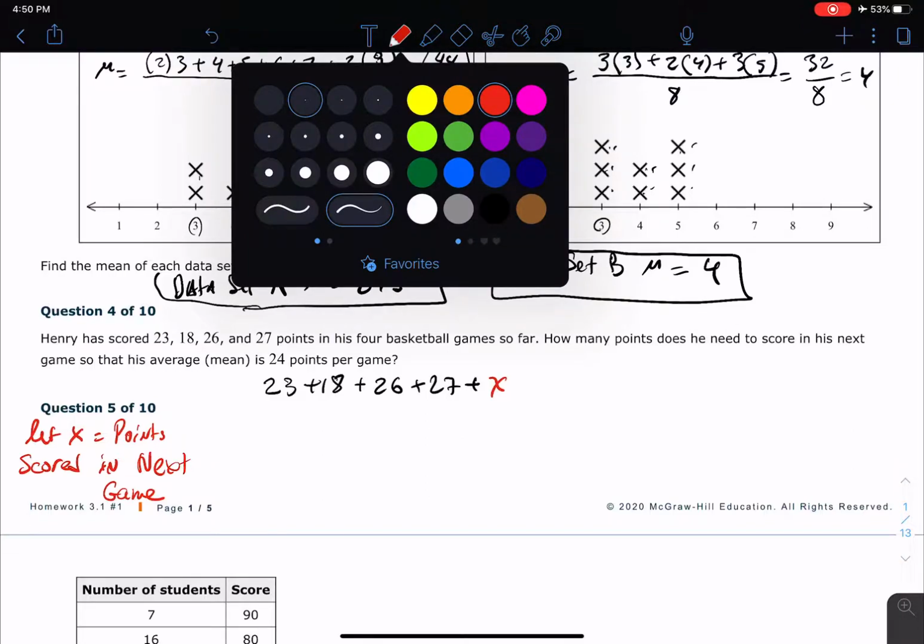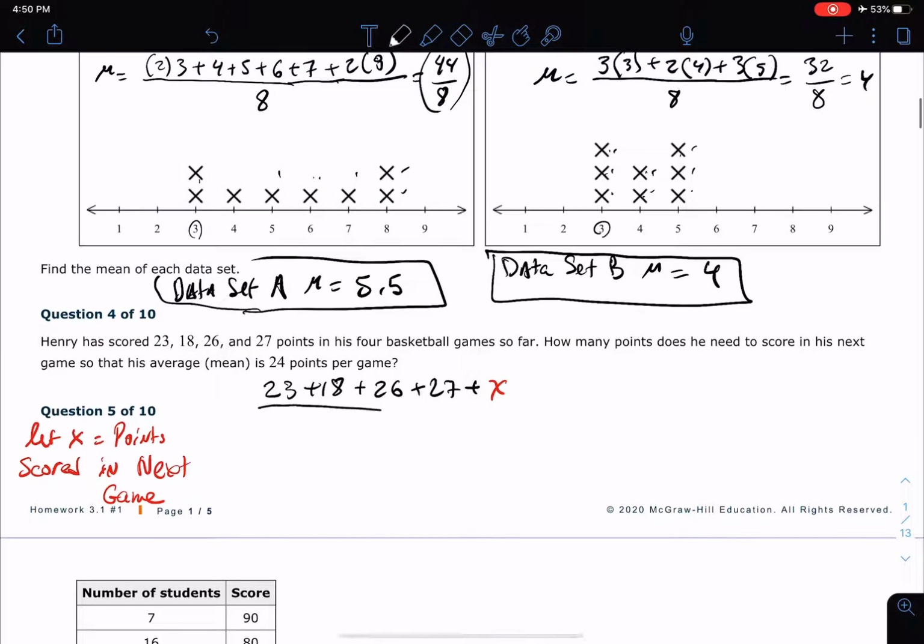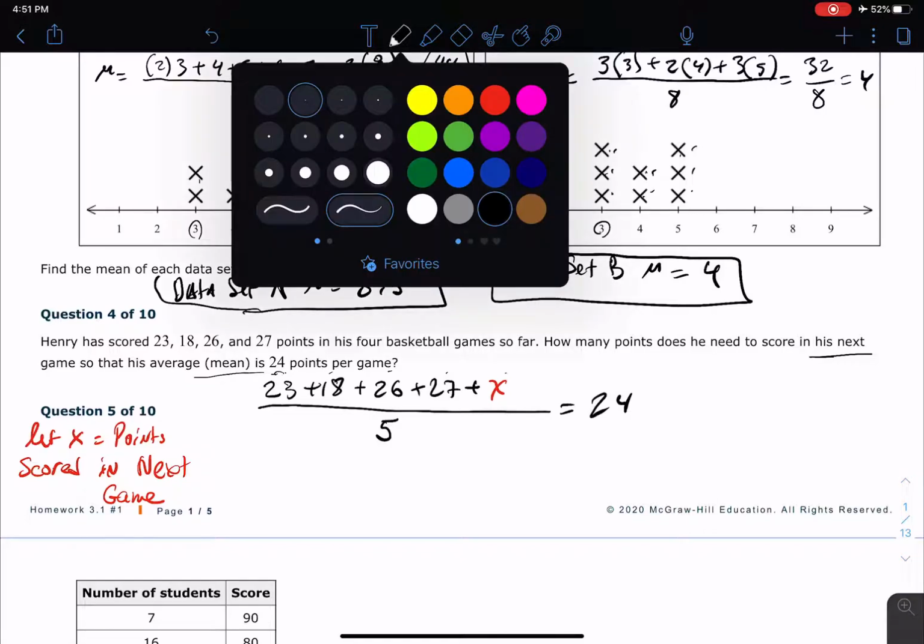How do you find the mean of 1, 2, 3, 4, 5 data points? You have to divide by 5. And we want that mean to be 24 points. So now this is just an algebraic equation to solve.